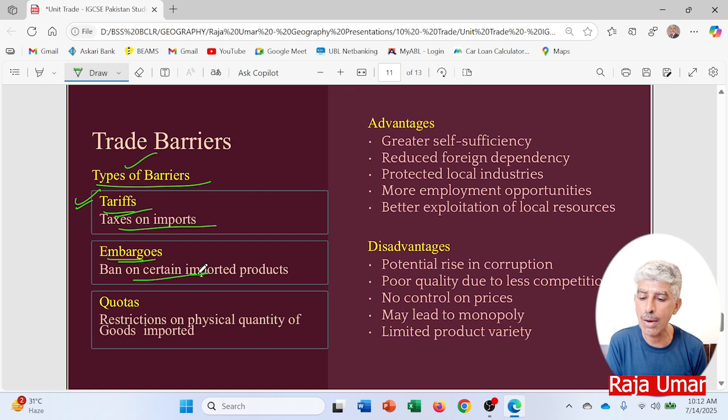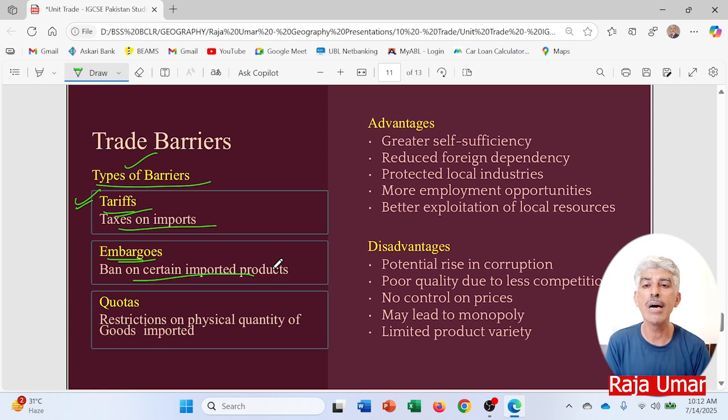Secondly, embargoes, a ban on certain imported products. As I told you, the European Union imposed a ban on Pakistani sports goods industries, saying that Pakistan makes those products through child labor, and keeping in view the human rights declaration of the United Nations, Pakistan should not be using child labor to produce those products.